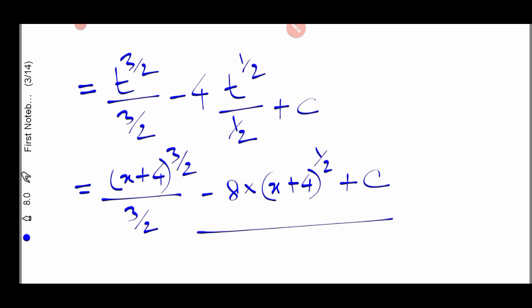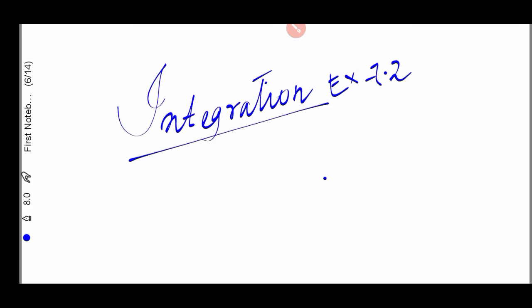Now let's move to the next question, that is question number 12. In question number 12 we are given to evaluate the integration of (x cube minus 1) whole to the power 1 by 3 into x to the power 5 into dx.